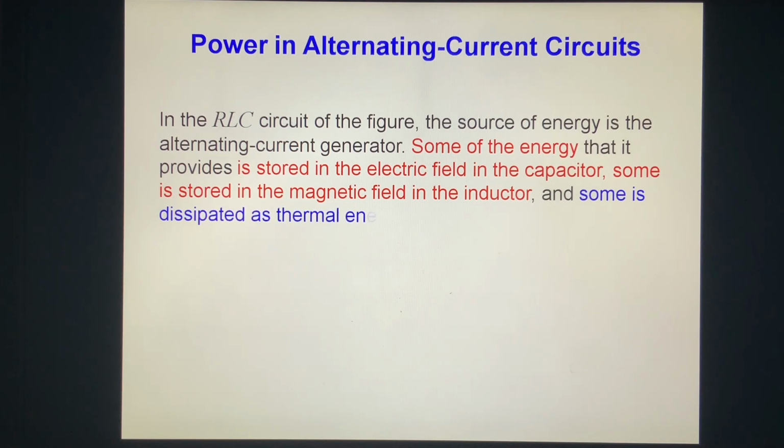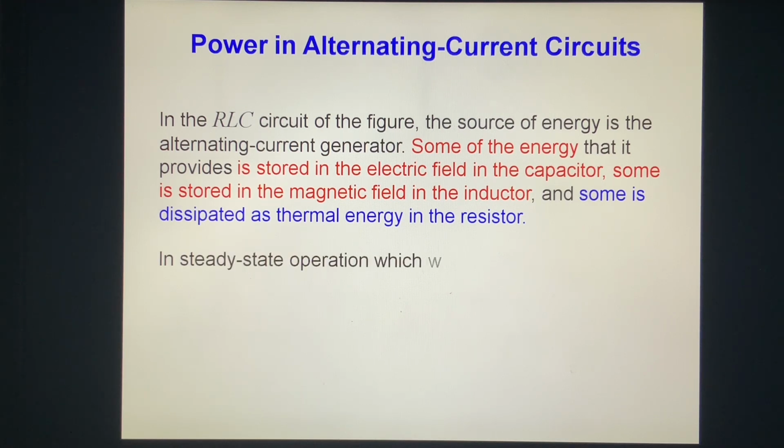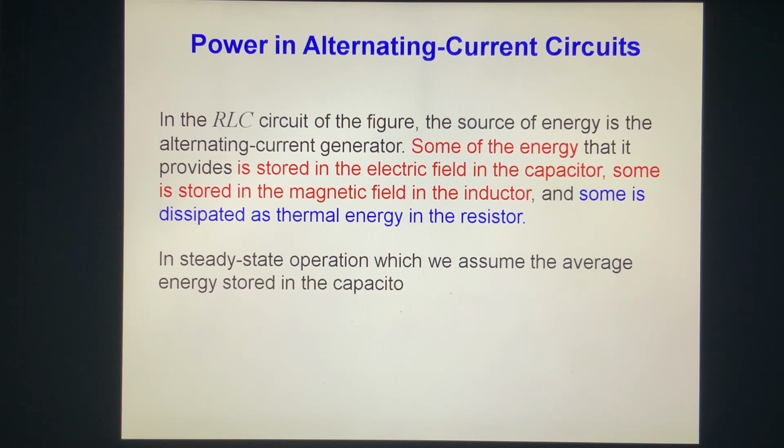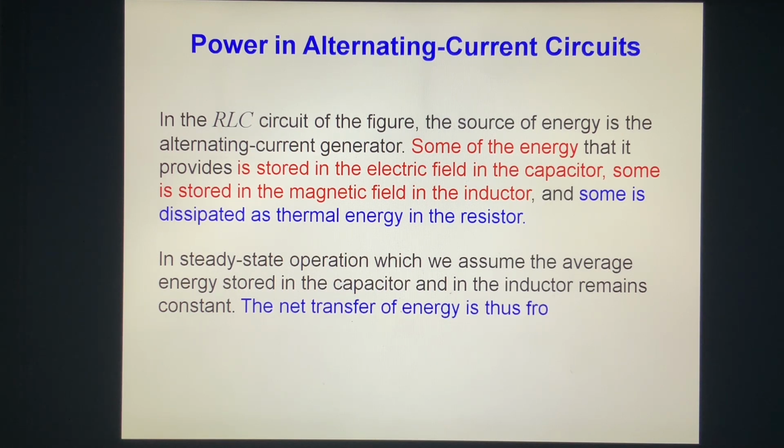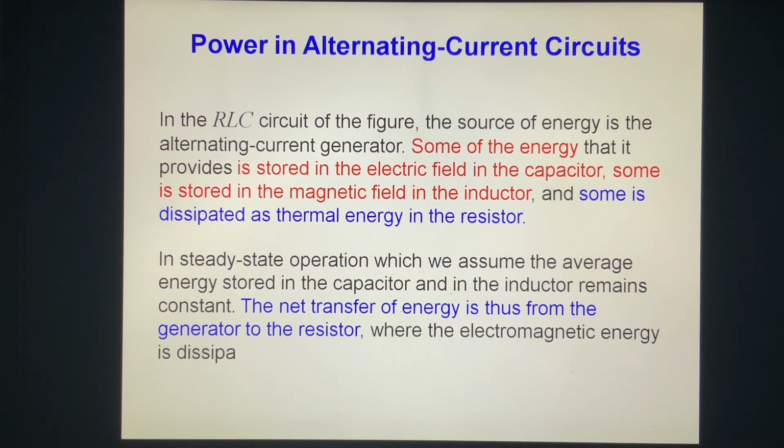And some is dissipated as thermal energy in the resistor. In steady state operation, which we assume, the average energy stored in the capacitor and inductor remains constant. The net transfer of energy is thus from the generator to the resistor, where the electromagnetic energy is dissipated as thermal energy.